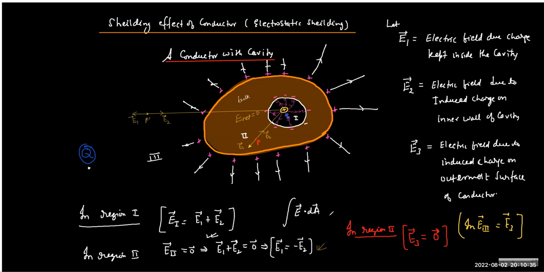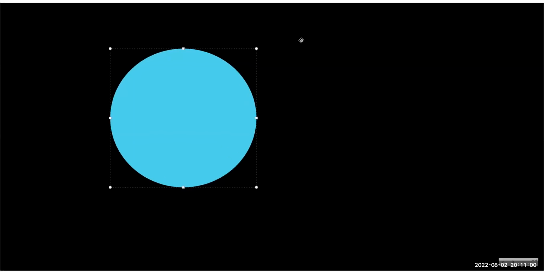Yes, sir. Okay. So I'll give you a nice example to draw the diagram and then solve the question also. Imagine we have a spherical conductor. So the conductor itself is spherical, which is really good.